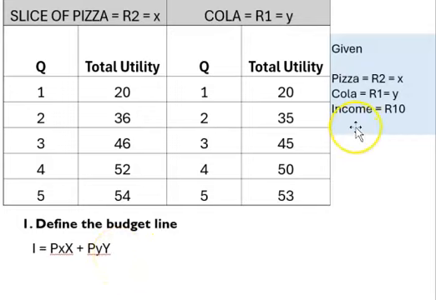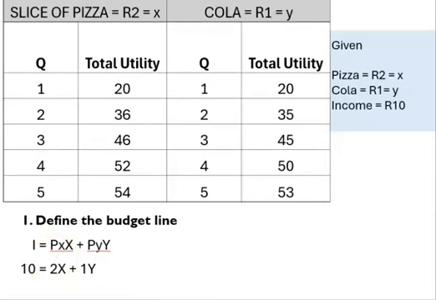In this example, the boy's budget, that is his income, is 10 rand, the price of x, that is pizza, is 2 rand, and of y it's 1 rand. So what do we get? The budget line is defined as 10 equals 2x plus 1y.